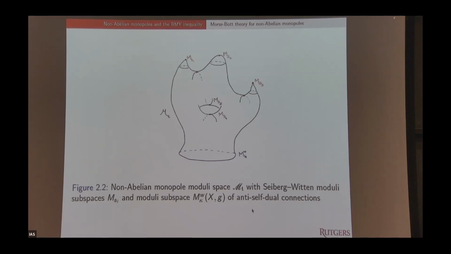But in practice, this is a highly non-compact space. So you're trying to prove something about topology? No, we're actually not trying to prove anything about this topology. We're trying to prove that this moduli space of anti-self-dual connections is non-empty. Oh, okay. That's all we need. Sure, but that's a non-trivial thing.